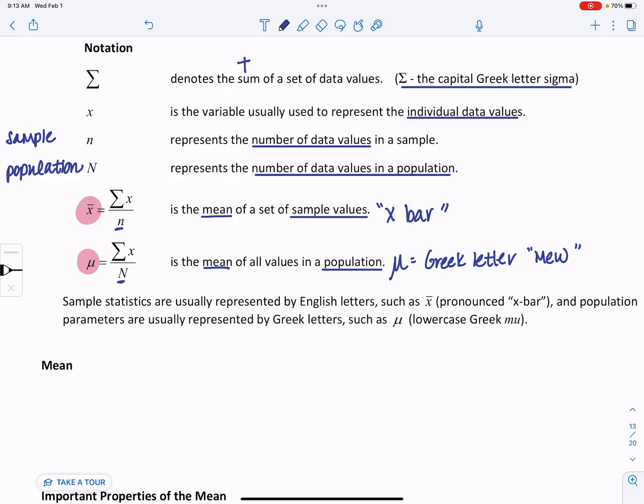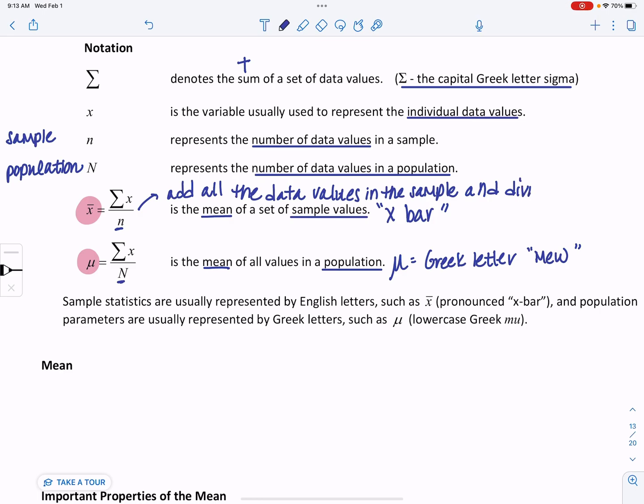The other thing you'll notice is that we use that Greek letter sigma in there. This is the fancy mathematical way to say add all the data values in the sample and divide by the number of elements in the sample.